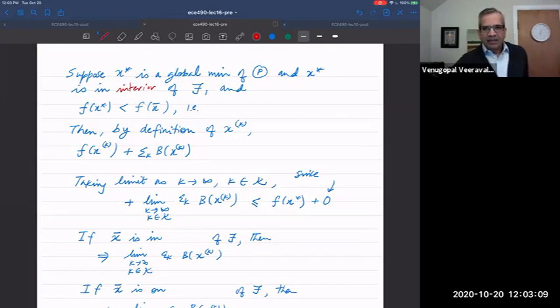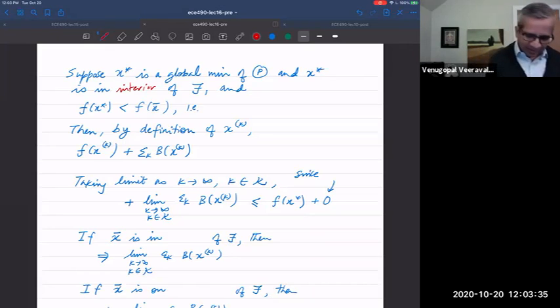So let's say x star is the interior point, and f of x star is less than f of x bar. What this is saying is that x bar is not a global minimum, and then we'll develop a contradiction, because this is a typical way to prove such things, right? You assume that some statement is true, and then show a contradiction, and so the opposite is true.